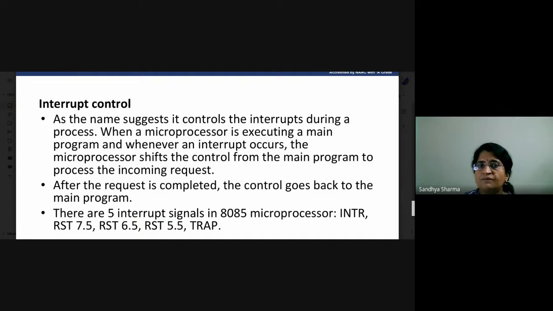Suppose the microprocessor is running its main program, but suddenly an interrupt occurs and the interrupt signal is activated. At that time, the microprocessor shifts control from the main program to process the incoming request.